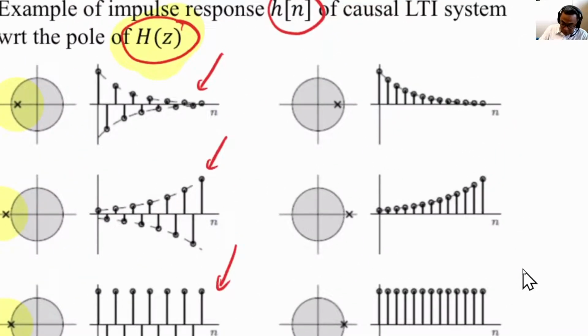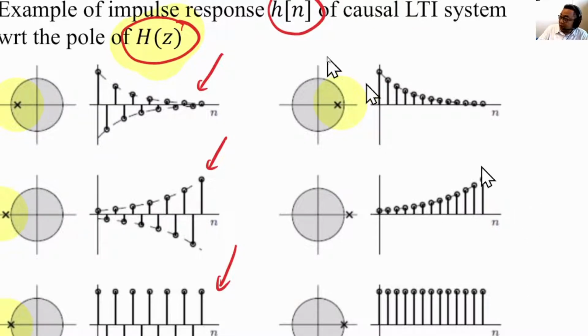Now, I think these examples on the right, again, we have a pole inside the unit circle. Here is an exponentially decaying signal. What is different from here to here is that this is along the positive real line, and here is along the negative real line.